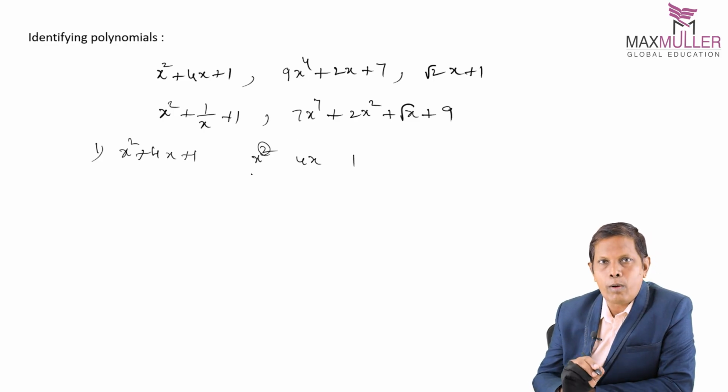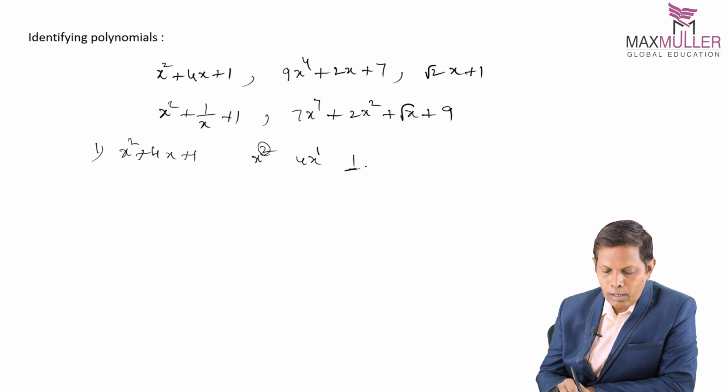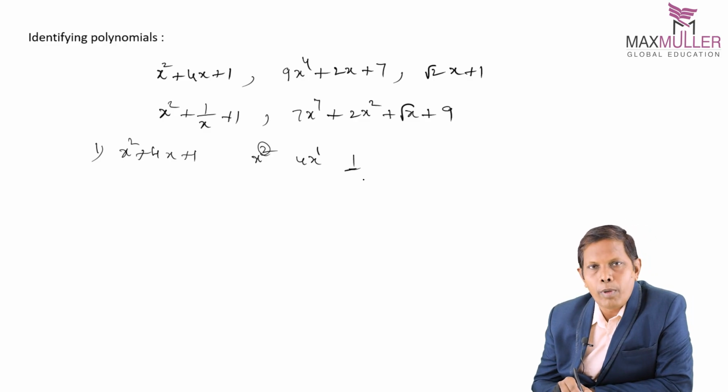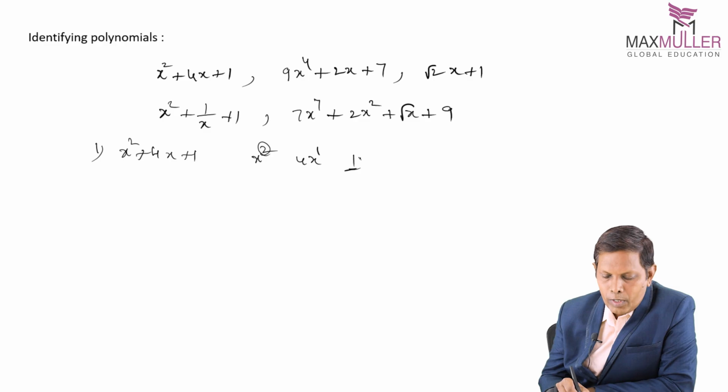Only the variable power you have to see. The second one is 1. And the third one is said to be a constant. It is also one polynomial. Later we will discuss what a constant polynomial is. Here every constant we can multiply with x power 0.